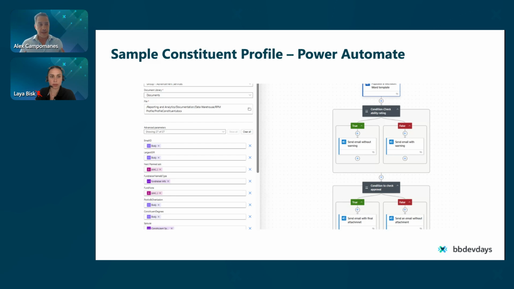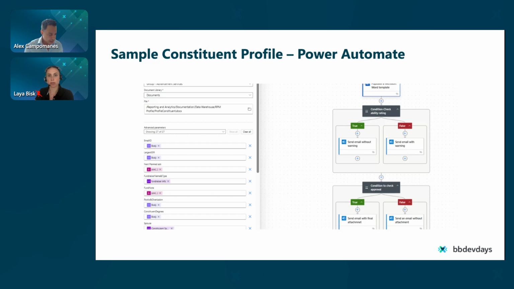Okay, so this is how we now take the Word template and load the data. We merge the data with the static document. So this is like a Word template object within Power Automate.